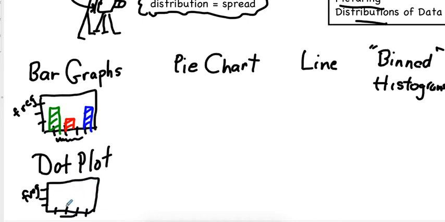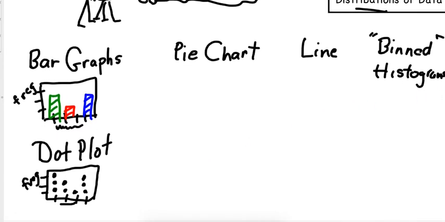However, the difference here is we're going to show the frequency using a series of dots. Those dots are going to be very carefully drawn so that they show what the frequency is in each one of those particular increments on the table.